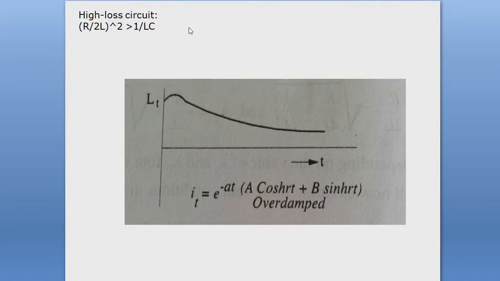This is the condition, more loss. This part is very much greater than this part. This is energy storing, this is energy dissipating, and here you look that the response decays, and it takes a long time. The response decays slowly.